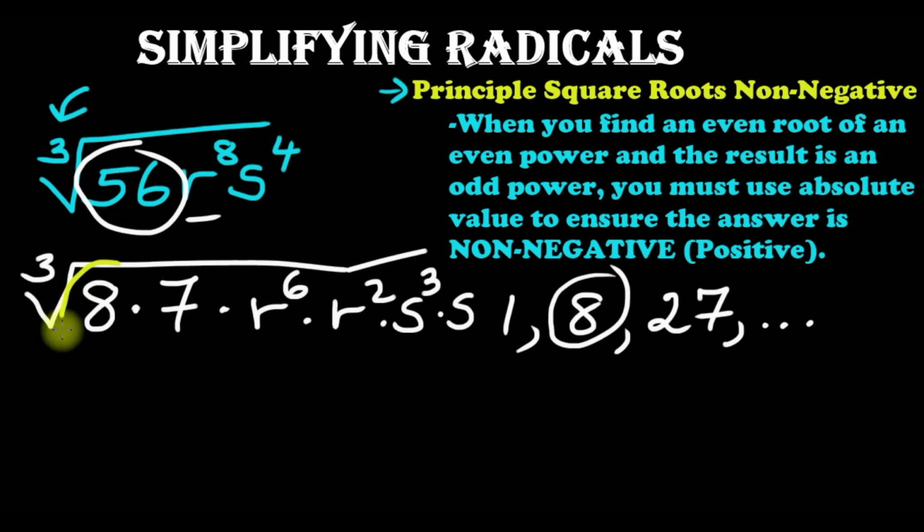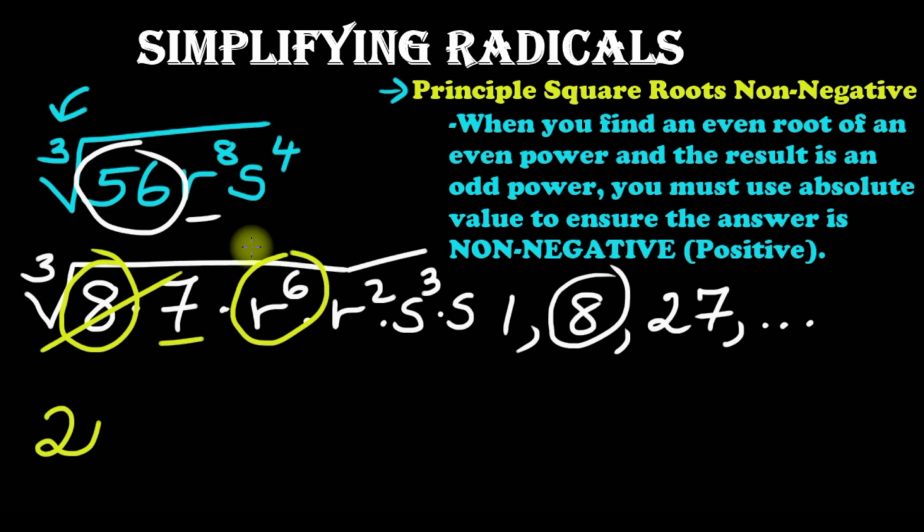So cube root of 8, we know that's going to be 2. The 7 stays inside the radical sign. And then cube root of r to the 6, we know that's going to be r squared because 3 goes into 6 2 times. And then this stays underneath the radical sign.